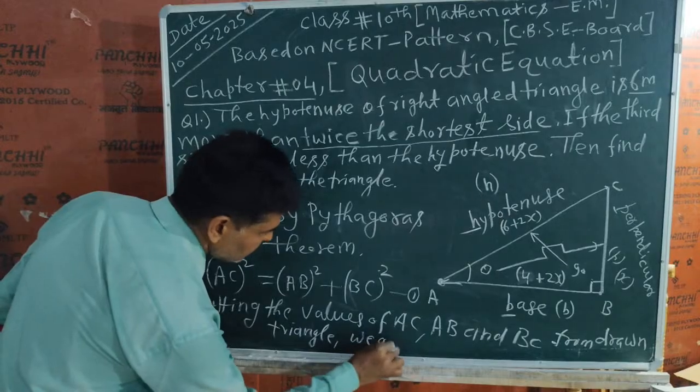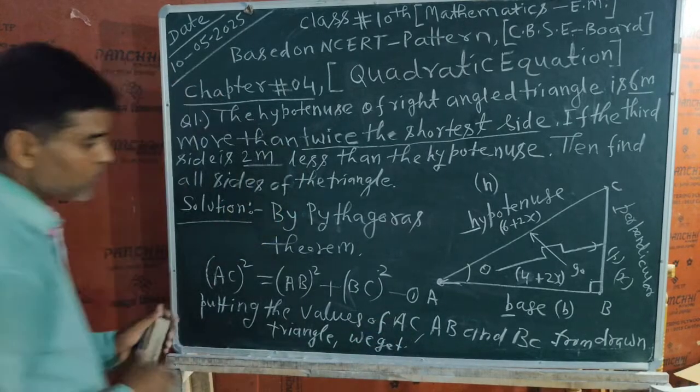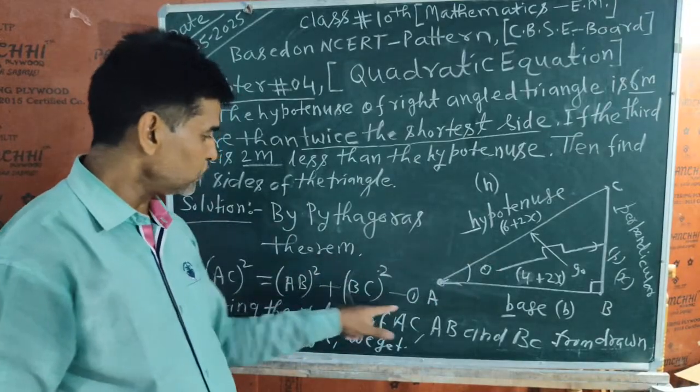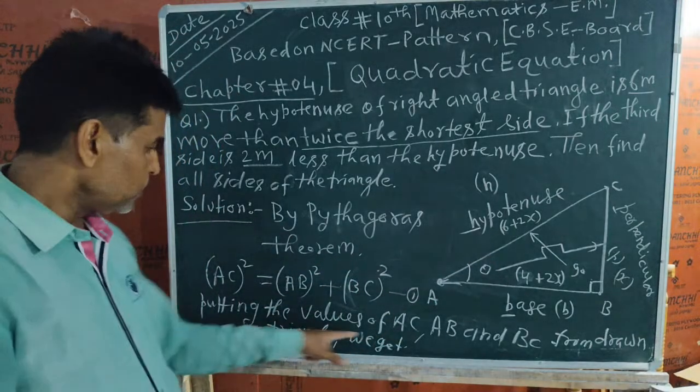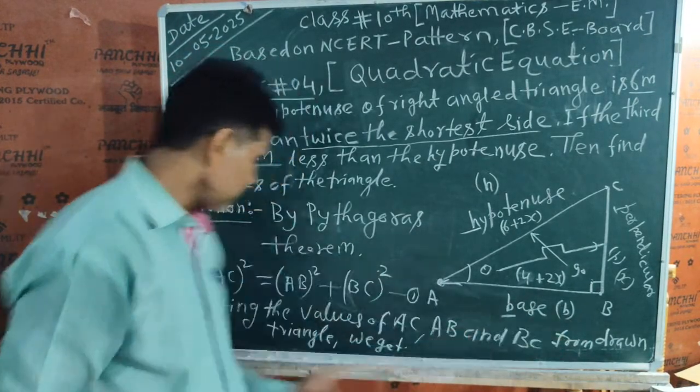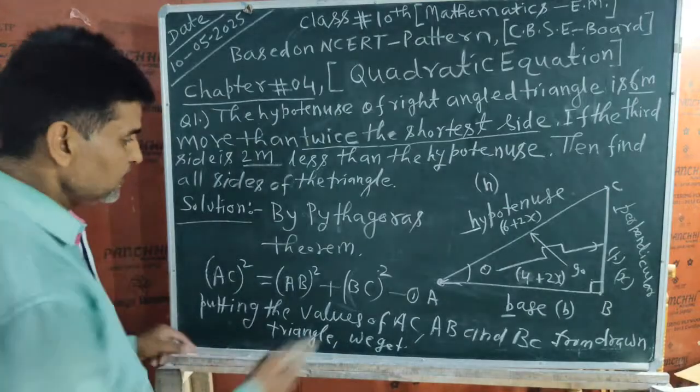So this instruction, this information, I will use from the triangle in equation number 1: putting the value of AC, AB and BC from the drawn triangle in equation 1.